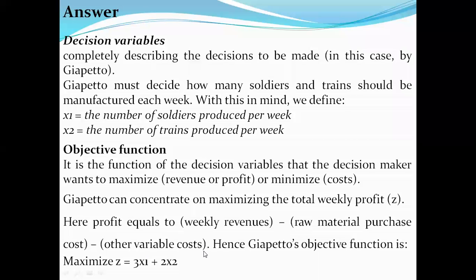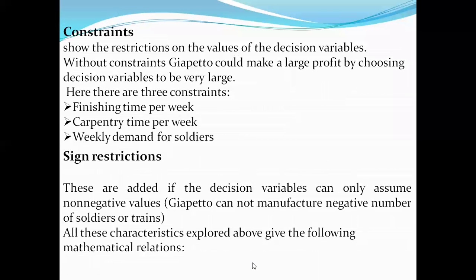We have calculated initially that 27 rupees is the sold cost of a soldier, and the manufacturing cost is 10 plus 14, so 24. The difference is $3 of profit. Hence maximize Z equals 3 times the first variable x1, that is soldiers, plus 2 times x2, that is the $2 profit of the trains, the second variable.